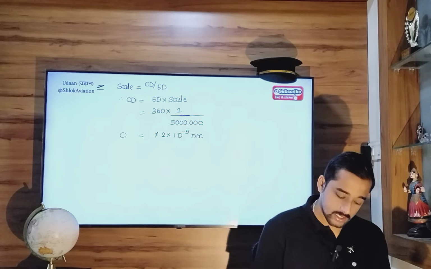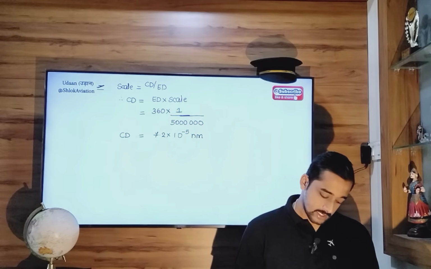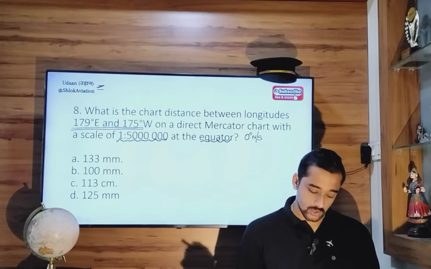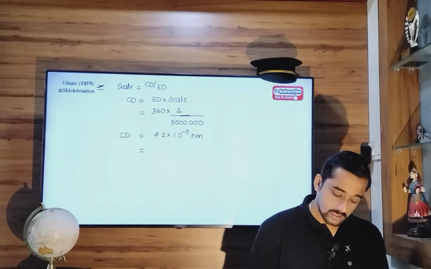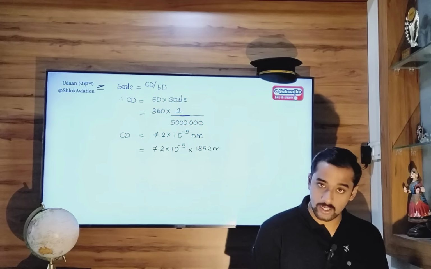So chart distance is this much. We have to convert this nautical mile into corresponding centimeter or millimeter. So let's first convert this into centimeter. That will be equal to 7.2 into 10 raised to minus 5 into 1852 meter, nautical mile into meter.